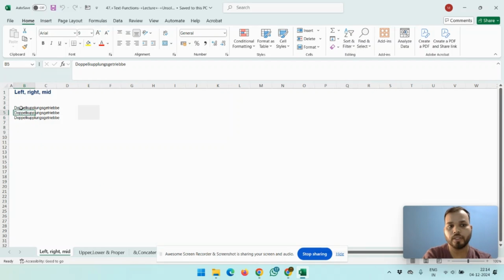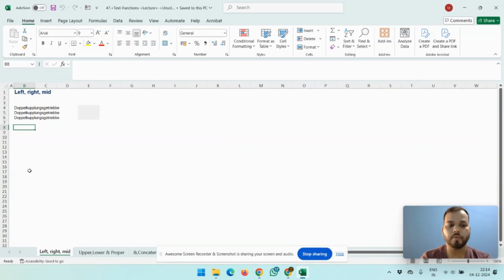This is text. We have to find only the left side, and only the mid side. If you are doing a job in accounts or banking, you already know there are 11 characters in an IFSC code.